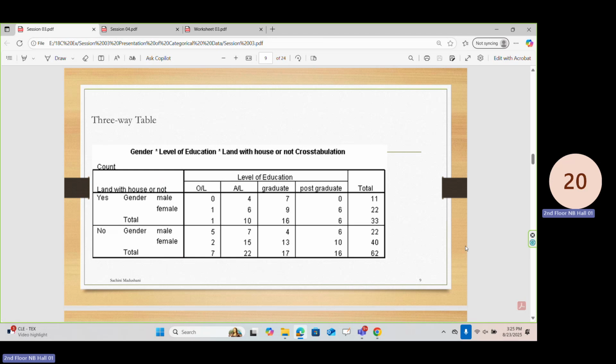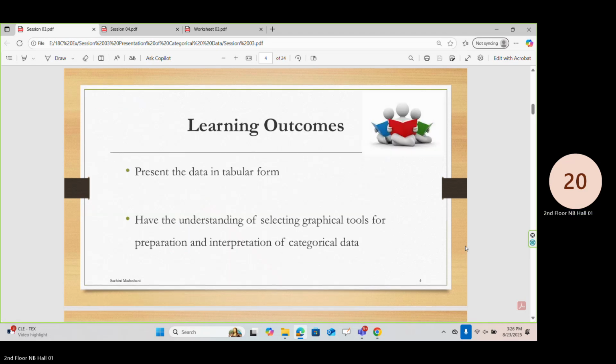We can say most of the respondents studied up to the A level. So we can do a comparison among the categories of a particular variable. Clear? On this side, males and females, we can also do the comparison. This is the second objective of the tabulation format.